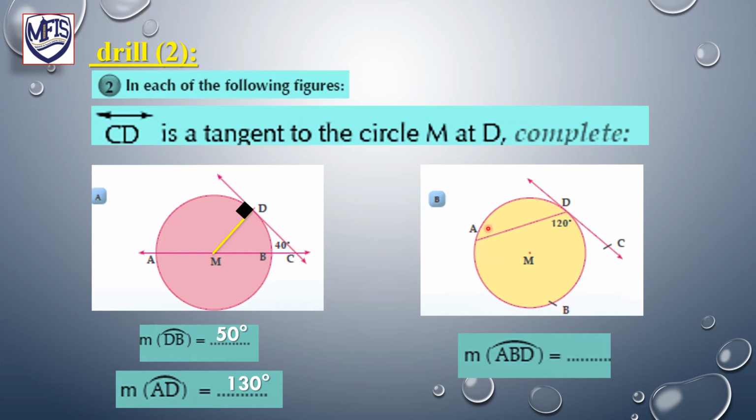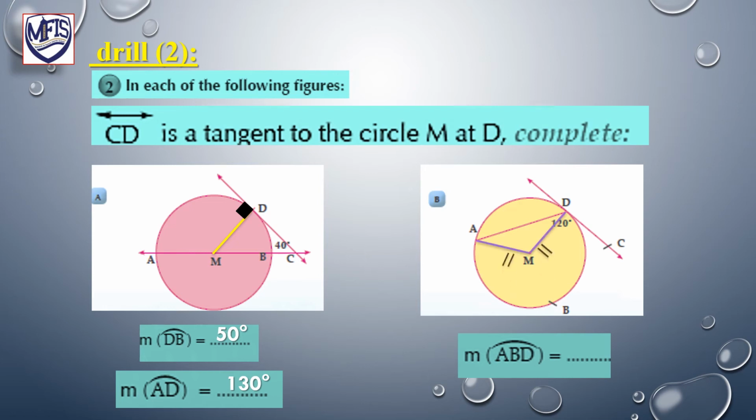If I have the measure of arc AD, I can find the measure of arc ABD by subtracting: 360 minus the measure of arc AD. But how to find the measure of arc AD? I don't have the central angle which is drawn on AD.